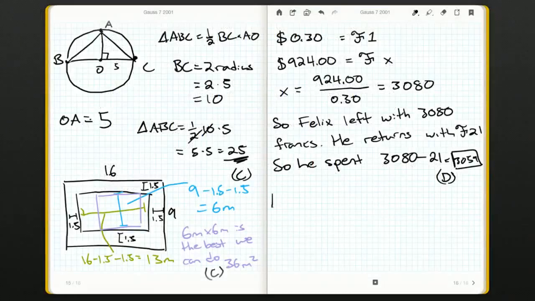So each tile has area 6 times 4, 24. We're not given meters or anything, that's okay. But we know each tile has area 24.